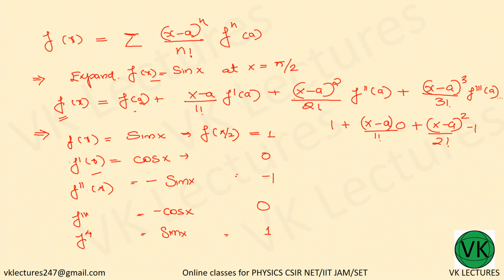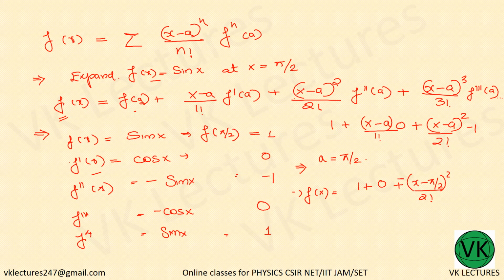Right, now one thing that you need to write again is a is equal to pi by 2. So our function f of x will become 1, plus this term is 0, plus (x minus pi by 2) whole square by 2 factorial with a minus sign.